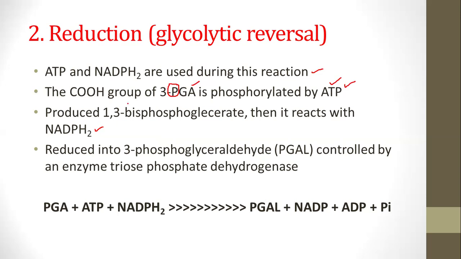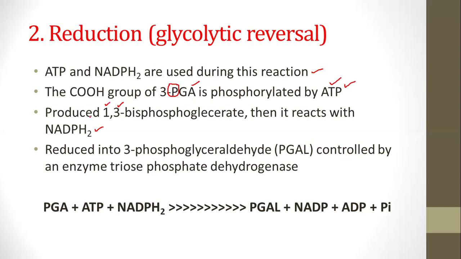In 1,3, it means that two phosphate groups are present, at carbon number 1 and carbon number 3 of the phosphoglycerate molecule. This compound, phosphoglyceric acid, contains one phosphate group.